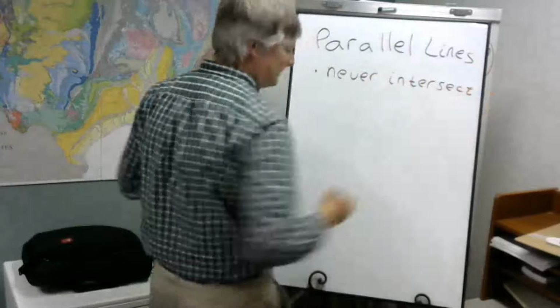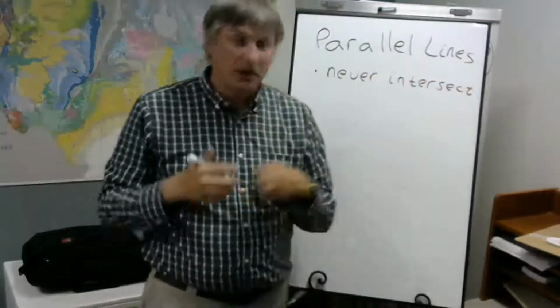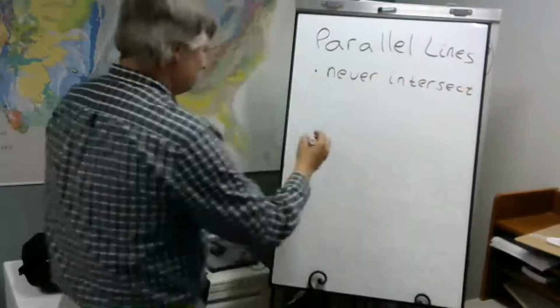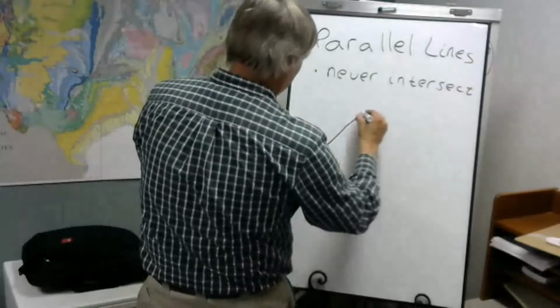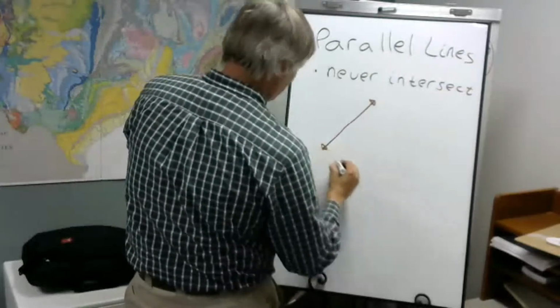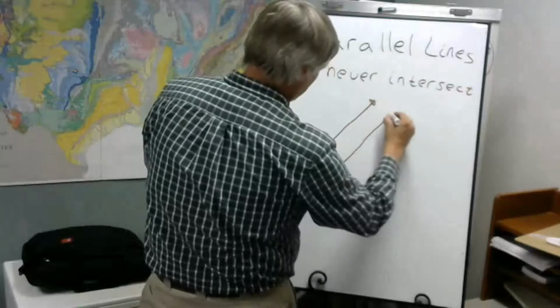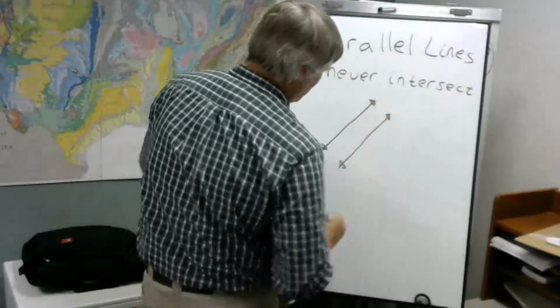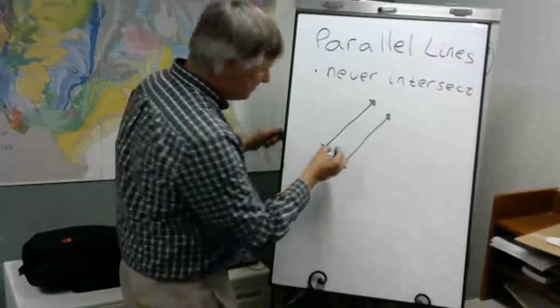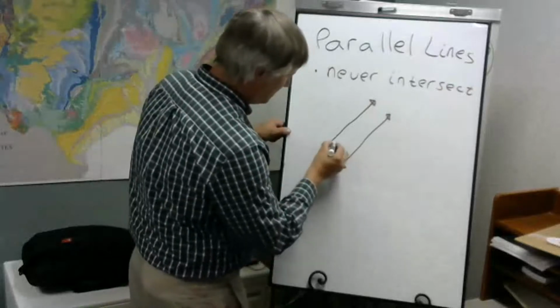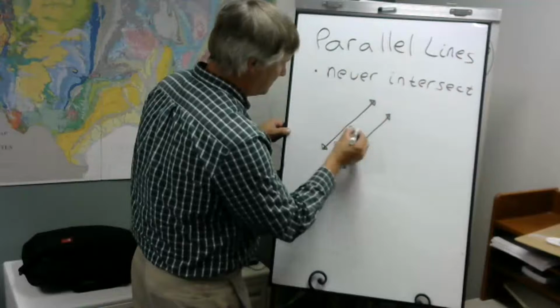And we look at these, say, on a flat surface or a Cartesian plane, and they do this. They're going to maintain the same distance between each other the entire time.